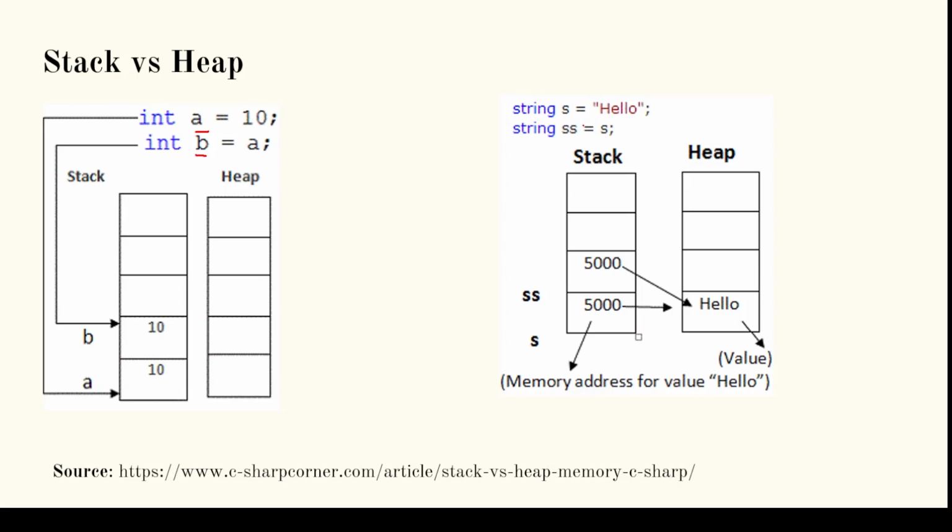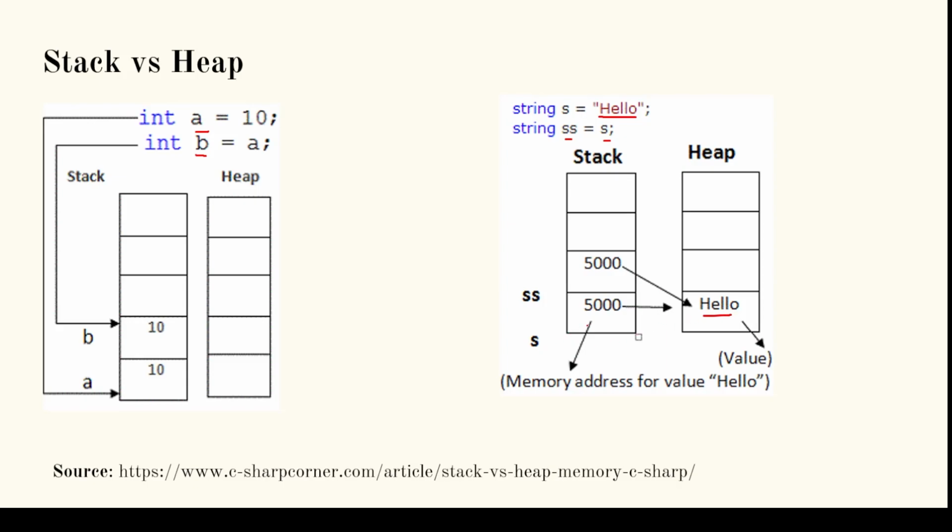Okay, if you see the example here, we have created a string s equal to hello, and then we created a string ss equal to s. So what will happen? The s variable will get stored on the stack. What will the s variable hold? The s variable will not hold the hello string, but it will store the memory location where we have the hello string in the heap.